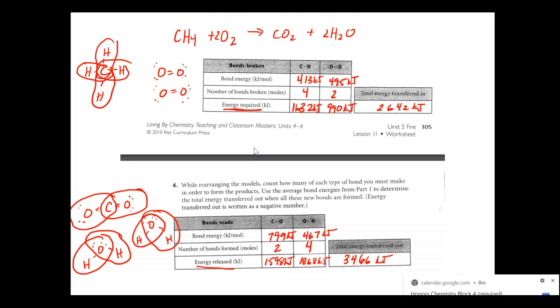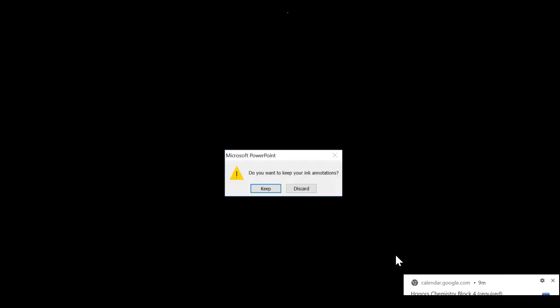So just to reiterate what I said, when chemical bonds are broken, we need to add energy from the surroundings to break those bonds. However, when bonds are made, energy is released from the system and into the surroundings.